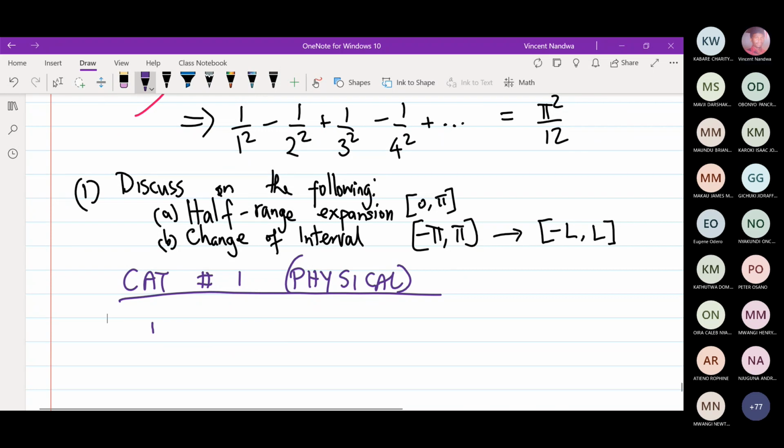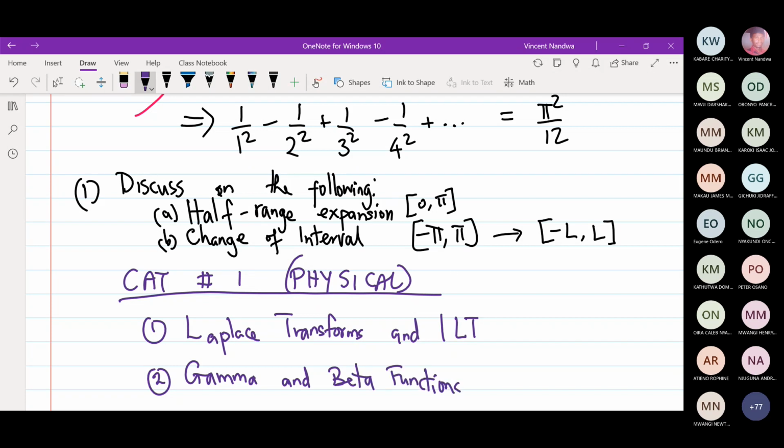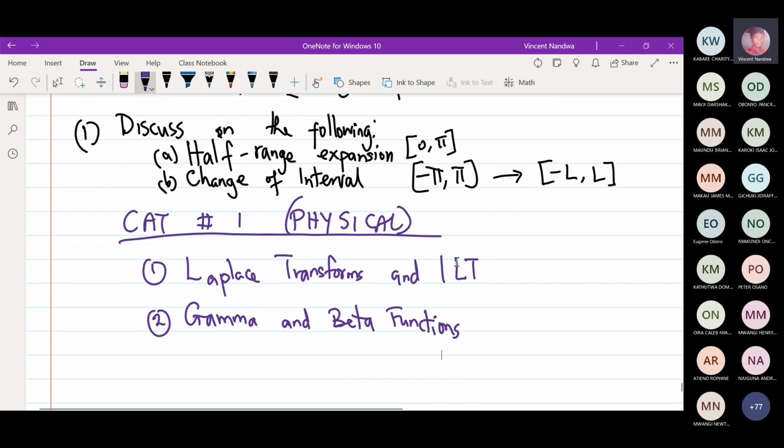First is Laplace transform and the inverse Laplace transform. Number 2, and then number 3.